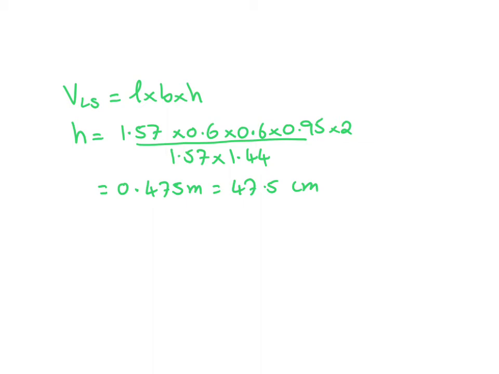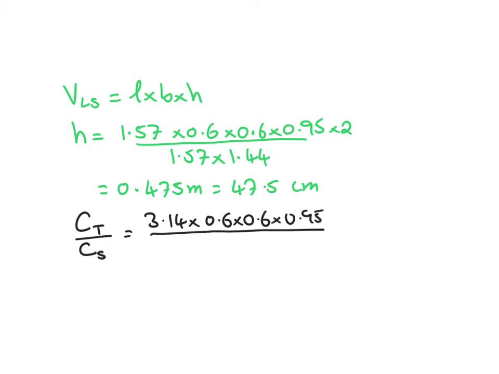We need to also find out what is the capacity. The question is to compare the capacity of the tank with that of the sump. So capacity of the tank divided by capacity of the sump. And what is the capacity of the tank? Nothing but the volume. So 3.14 times 0.6 times 0.6 times 0.95.